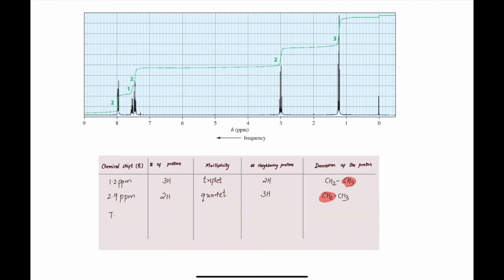So the peaks exist from 7.4 ppm to about 8 ppm, and there are 5 hydrogens, and let's just put multiplet. And this is going to correspond to something that's connected to an electron withdrawing group.